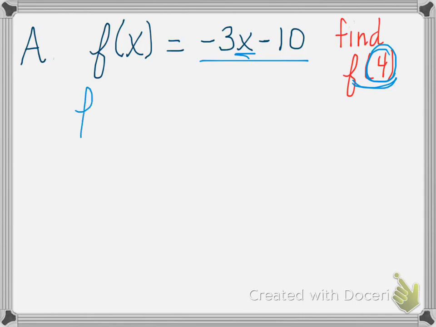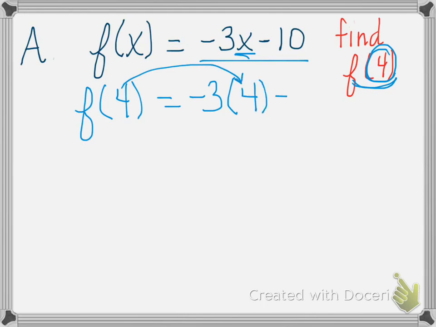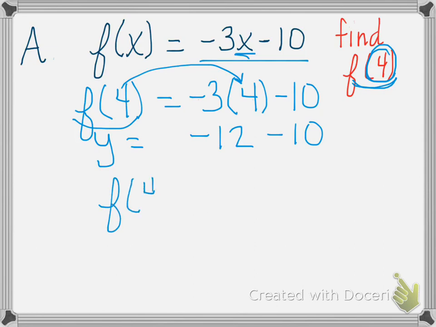So in this case, I would rewrite f of 4 is equal to negative 3, and I'm going to insert my 4 into where my x is, minus 10. Remember, we're just trying to figure out what f of 4 is, which is another name for y. So negative 3 times 4 gives me negative 12 minus 10. So f of 4 is equal to negative 22.